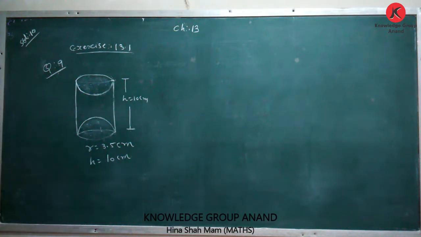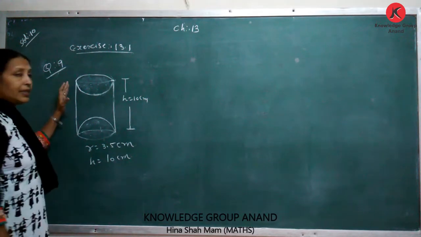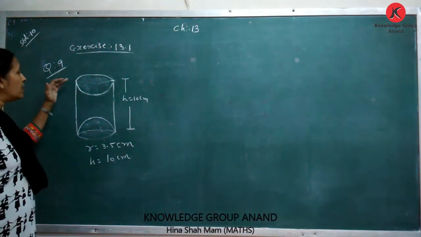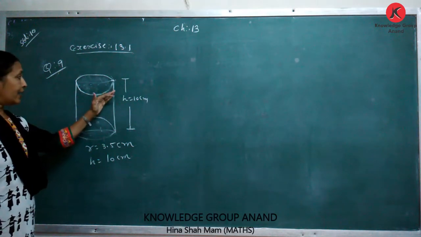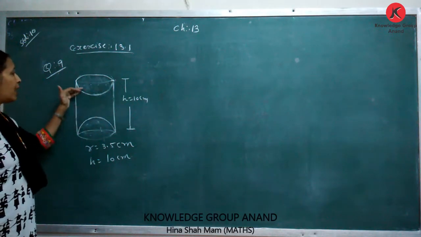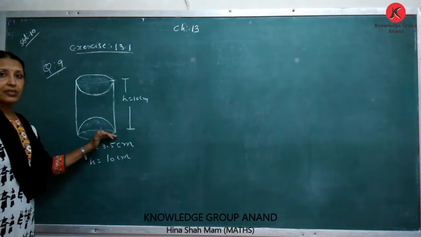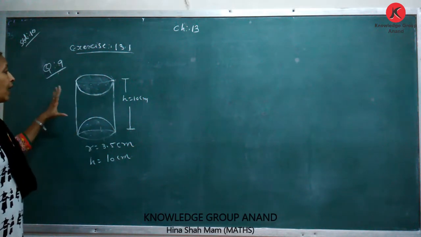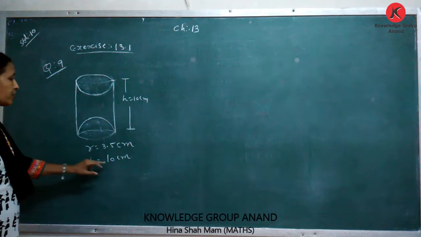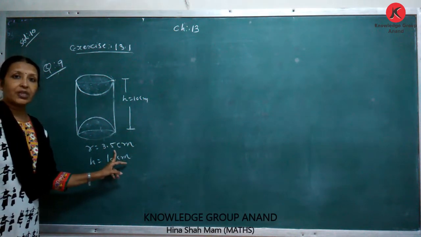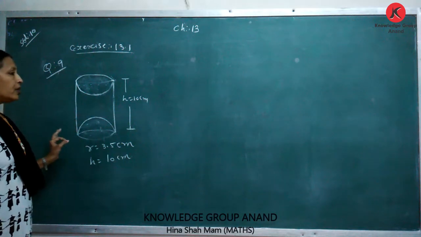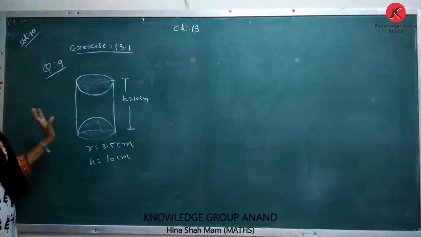In this question, the article is made of a cylinder, scooping out a hemisphere from both ends. The height of the cylinder is equal to 10 cm and the radius of the cylinder is equal to 3.5 cm. Then find the total surface area.